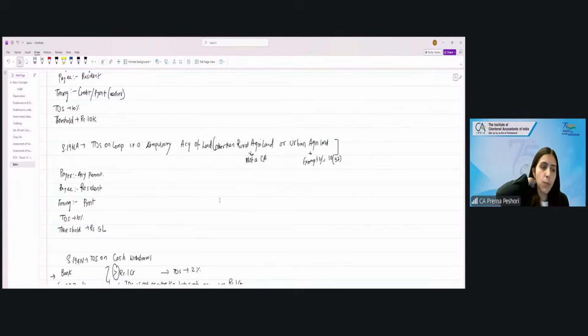Next is section 194N, TDS on cash withdrawal. What is this? Which one? TDS on cash withdrawal.